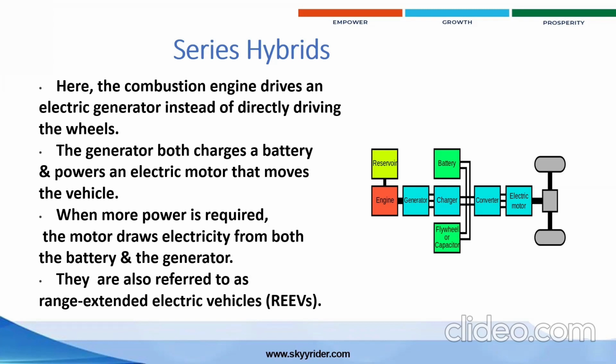The power the engine generates is mechanical, or kinetic, energy. That mechanical energy will be converted to electrical energy through the generator, and from that electrical energy, our batteries and ultracapacitors will be getting powered.